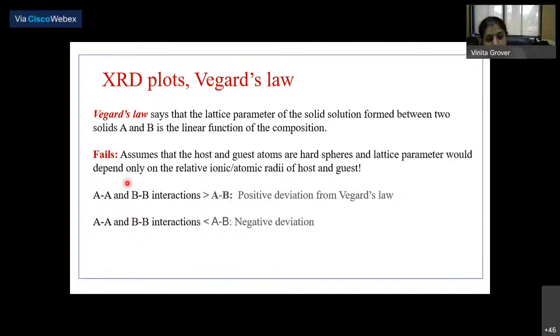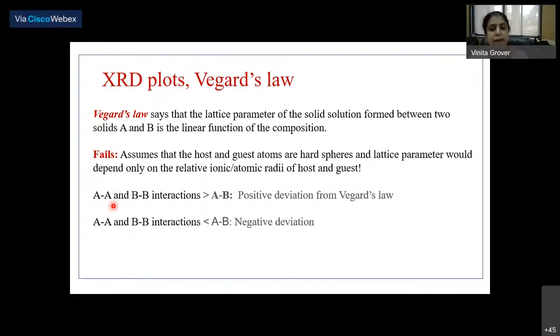So what happens is, if the AA and BB interactions, that is the interaction between the end members themselves, are very strong compared to the AB interaction, then you observe a positive deviation from Vegard's law. Why? Because they're happy with their own kin.